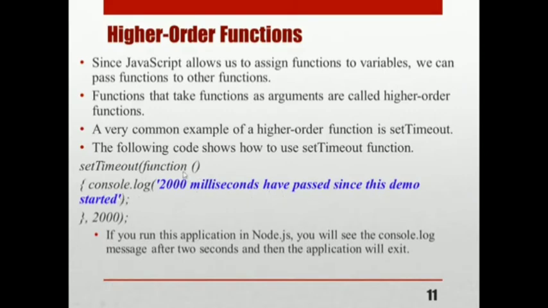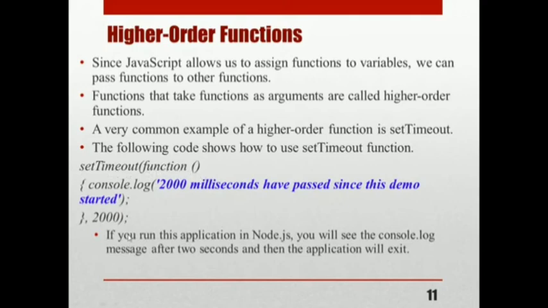This is the parameter to the setTimeout function. After closing this body, comma 2000 is the other parameter for the setTimeout method. So this is a function with a function as an argument, a higher order function: functions that take a function as an argument.